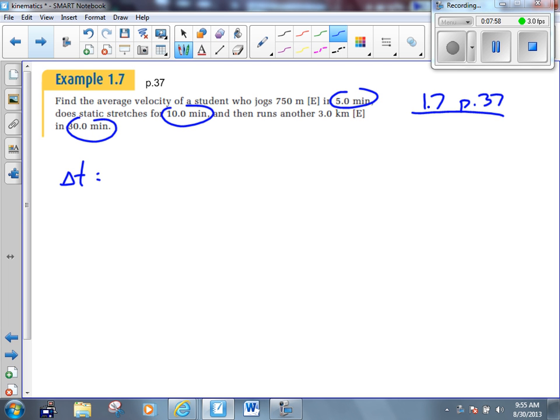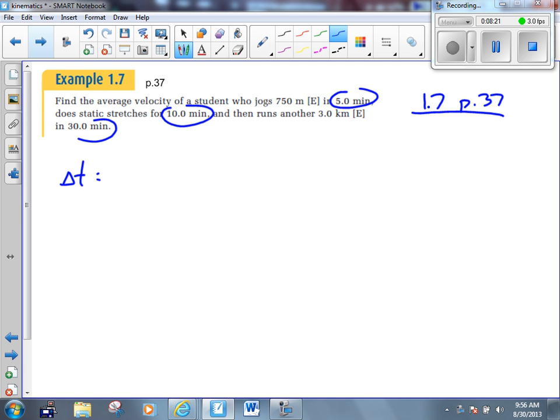My time interval over which this event has occurred. Is it 5? Is it 10? Is it 30? This is 5, 10, and 30. It's going to be 45 minutes, good.